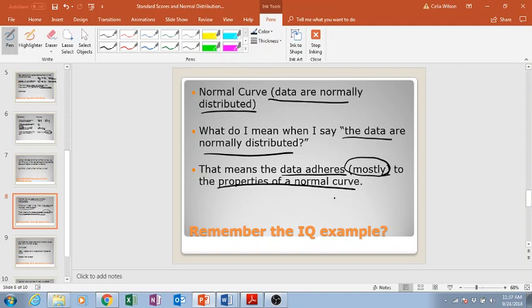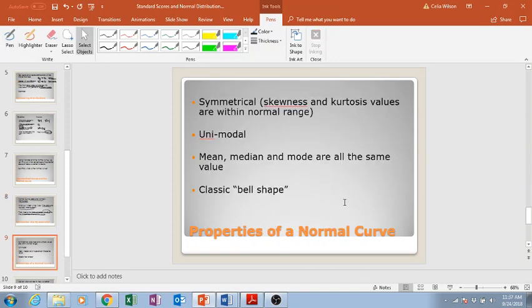And every time we run an analysis, we're going to ask, is this data normally distributed? We're going to check to see, does it follow the properties of a normal curve? Mostly. It doesn't have to be identical or perfect, but our data needs to mostly follow the properties of a normal curve. Okay, so let's look at them.